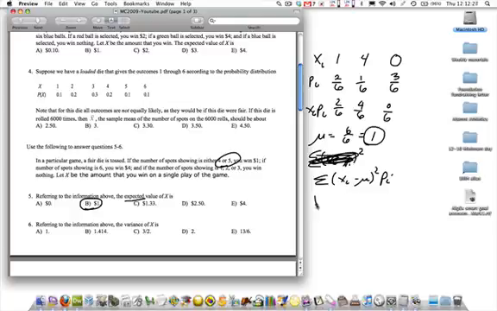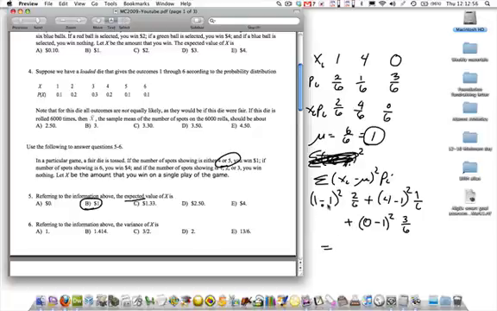The outcome, 1, minus the mean squared times the probability, plus, look at the second outcome now. The second outcome minus the mean squared, times the probability. And then look at the third outcome. 0 minus 1 squared times the probability, 3/6.